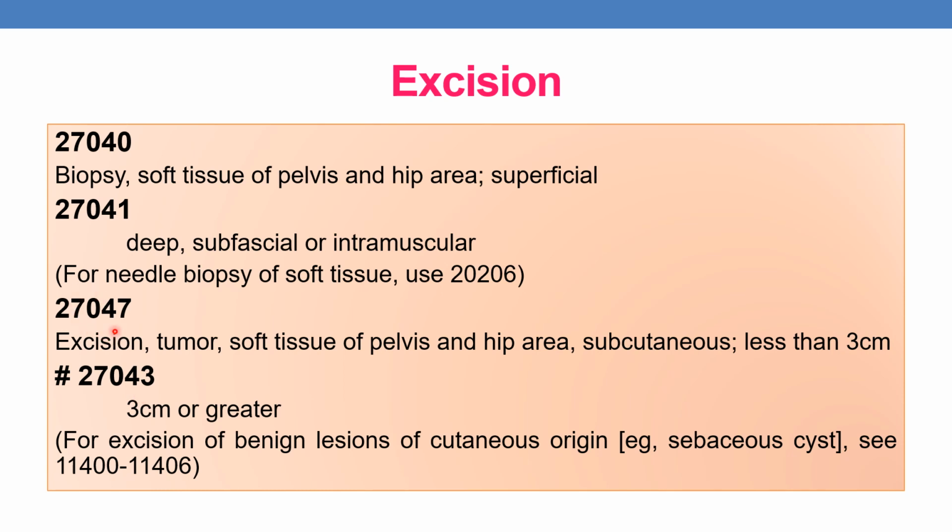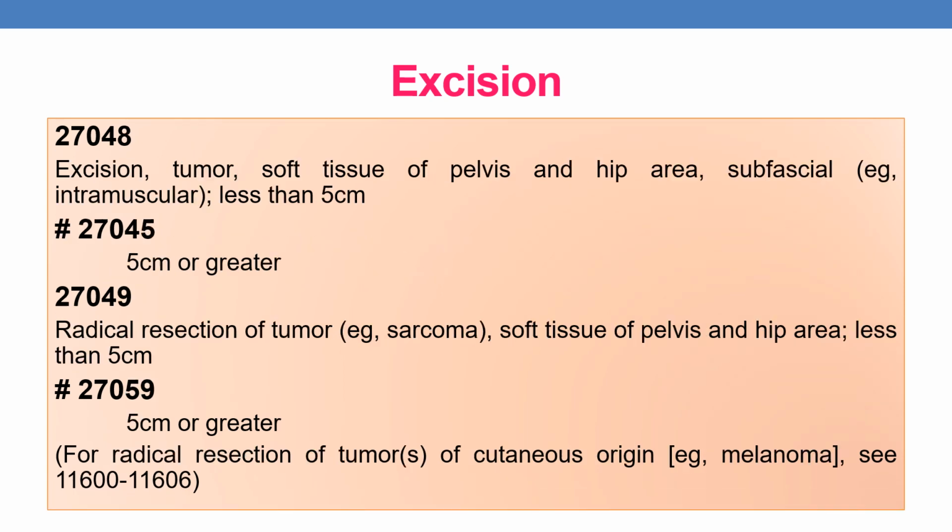Sorry. If the tumor size is less than 3 centimeters, the CPT is 27047. If it is 3 centimeters or greater, the CPT is 27043. And for excision of benign lesions of cutaneous origin, for example, sebaceous cyst, see 11400 to 11406.